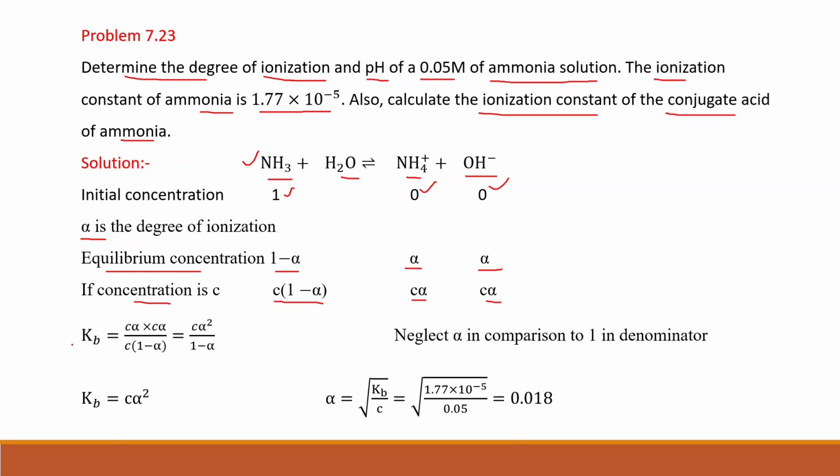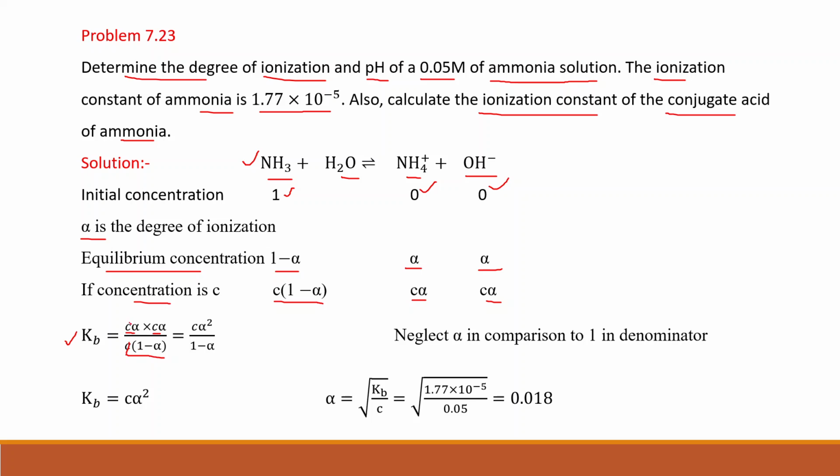Then again write Kb. What is this Kb? Base dissociation constant or base ionization constant. Kb is equal to concentration of NH4 plus multiplied by concentration of hydroxyl ion divided by concentration of NH3. Put the value. This C alpha is the concentration of NH4 plus, this is C alpha concentration of OH minus ion, and this is C(1 minus alpha), the concentration of NH3.